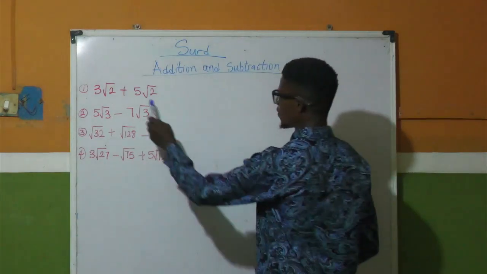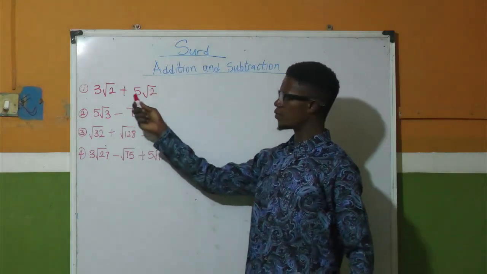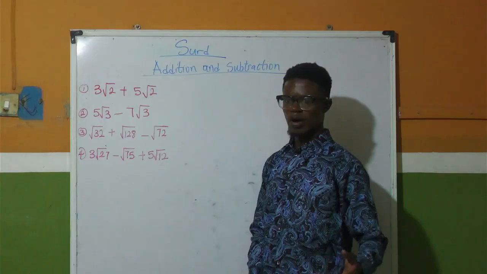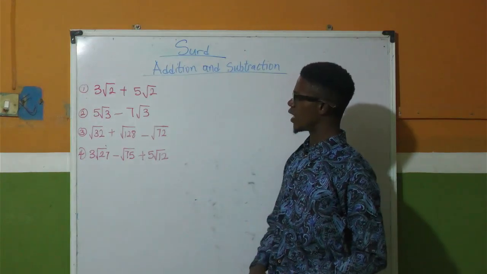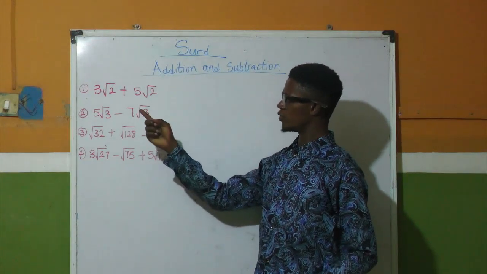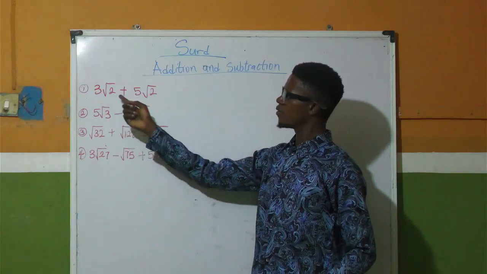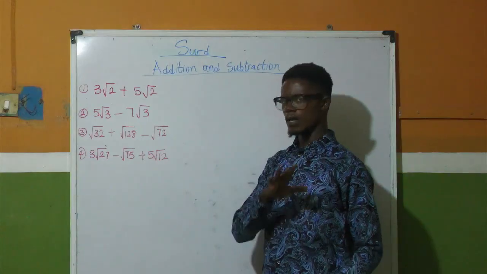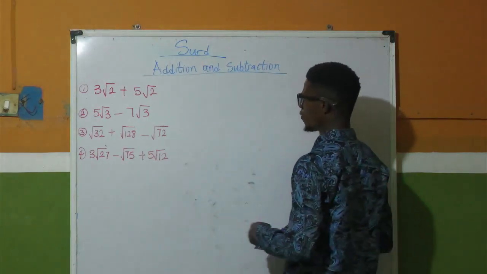You can see that from the first one, the irrational values are the same. They are both root 2 and root 2. It simply means that the addition operation will only take place for the values outside of the irrational expression.